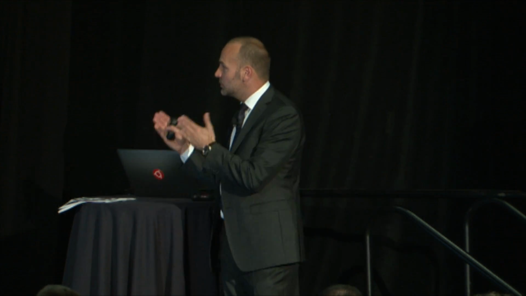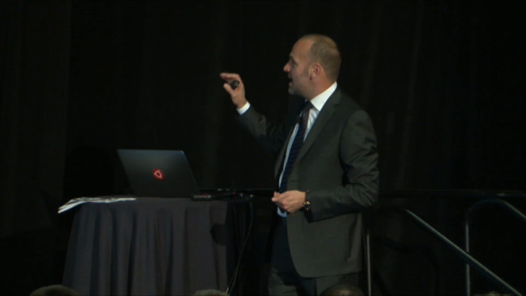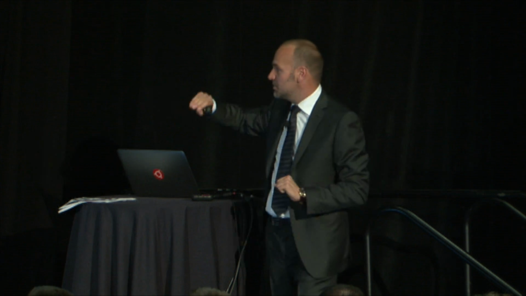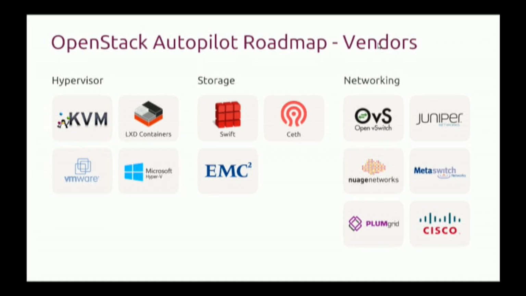I'm delighted to say that we will integrate Juniper Contrail into the autopilot. We're working with Nuage from Alcatel-Lucent, now Nokia, and Metaswitch Networks, Calico, PlumGrid, super exciting startup, and of course, Cisco. So you see how we're bringing the vendor ecosystem to your rack in a single page.